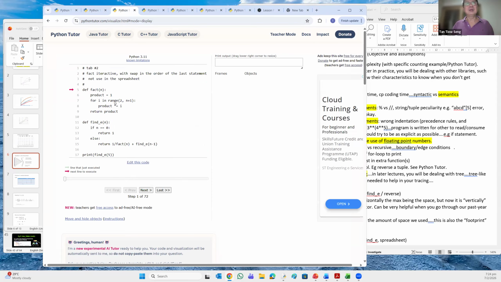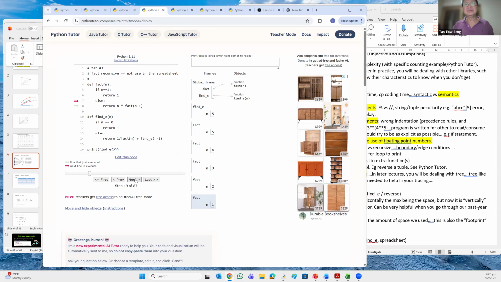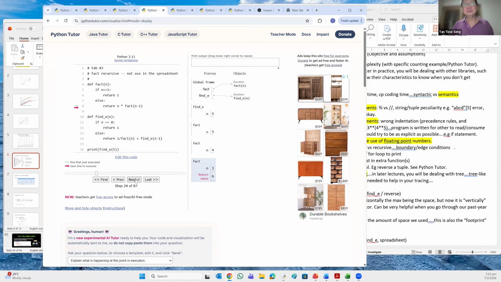Unlike the next one, which is the recursive version. Let's see this one. You see?